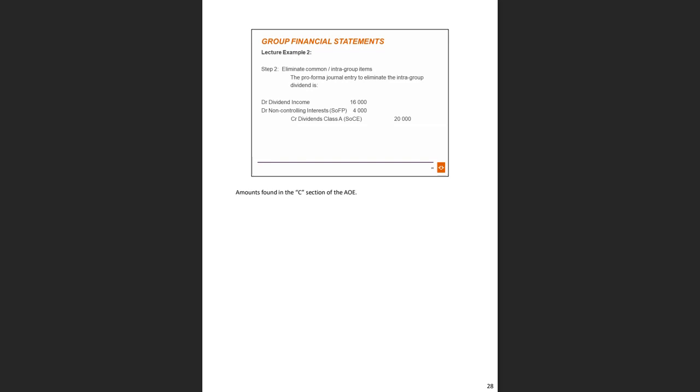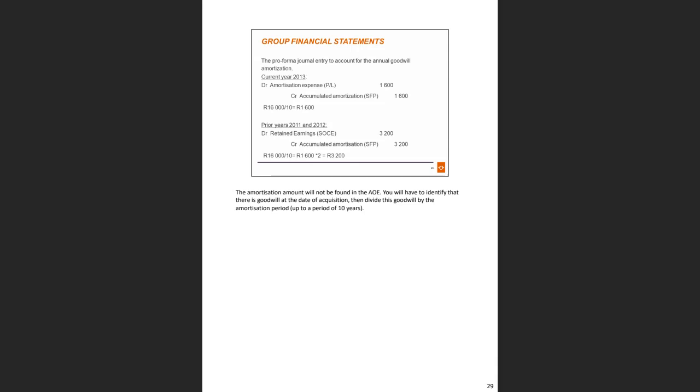P has 80% of this dividend by virtue of their ownership, and NCI has 20%. This journal entry eliminates the intragroup dividend, okay? The intragroup dividend being 16,000 Rand, the remainder is NCI's portion. All of these figures are in that analysis of owner's equity statement, which is why it's vital for you to prepare that in a situation of a test or exam.